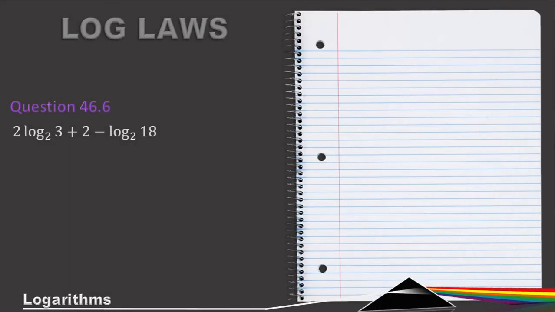Right, 46.6. Now here we see we have 2 log base 2 of 3 plus 2 minus log base 2 of 18. So just be careful because this is one term, this is one term, and this is one term. So obviously we're going to simplify the terms on their own and then just add them. Here we see that we have 2 logs with the same base, so I think it will be easier to start by subtracting the 2, but we have a problem.